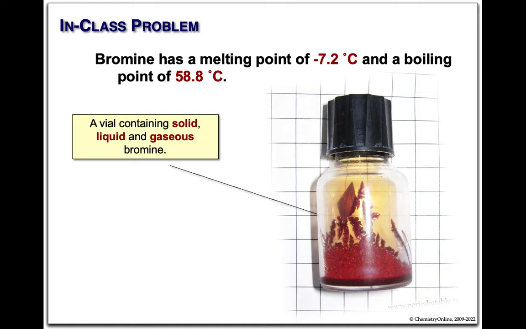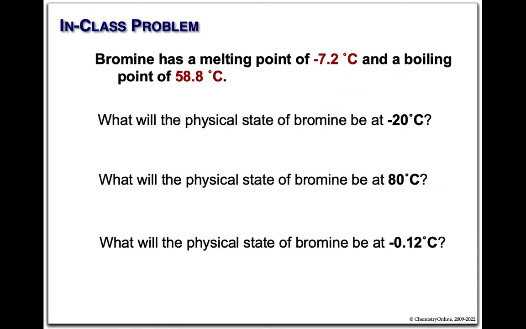The melting point of bromine is minus 7.2. The boiling point, to go from here to the vapor, is about 60. So think about it. If I tell you we have bromine at minus 20, what's the physical state? Well, the melting point is minus 7, isn't it? Minus 20 is less. So it's a solid.